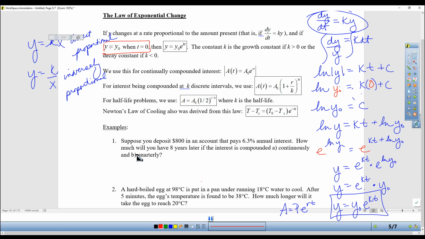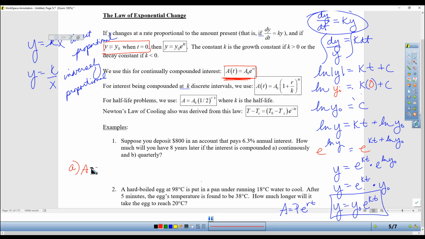So the first one is, suppose you deposit $800 in an account that pays 6.3% annual interest. How much will you have 8 years later if the interest is compounded continuously? Remember, continuously is this formula. Oh, the box didn't come out.